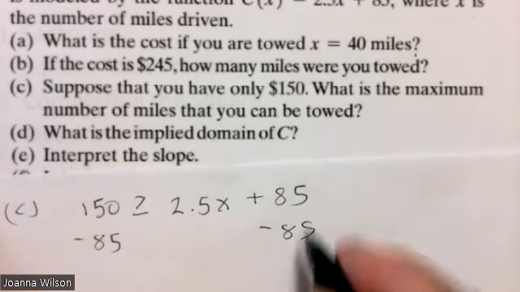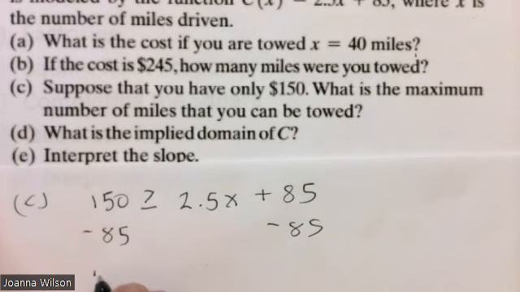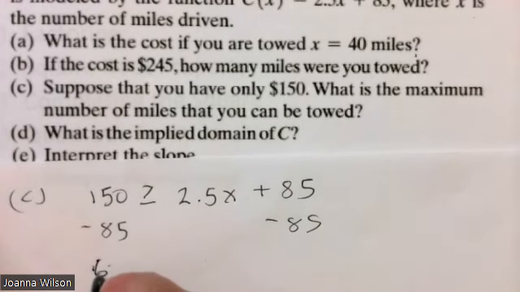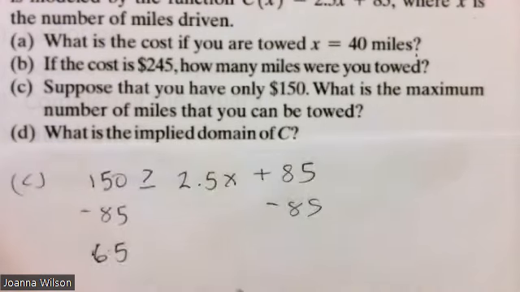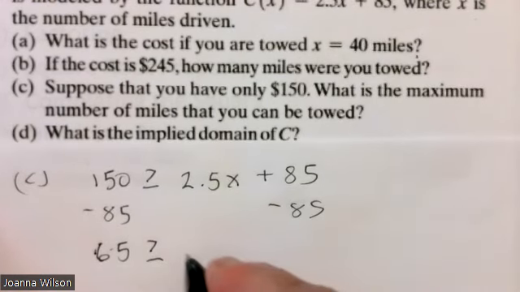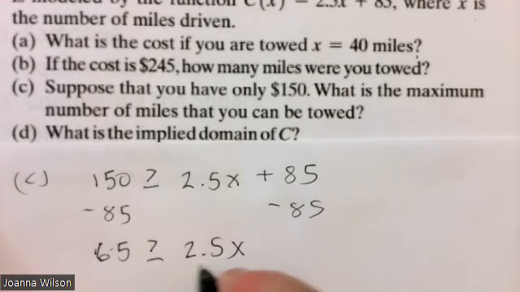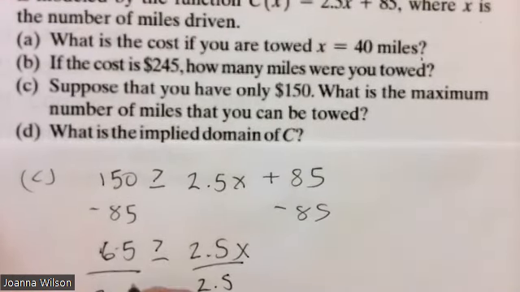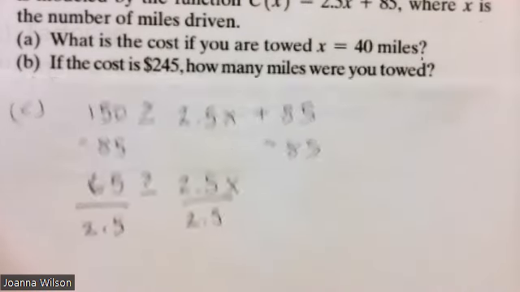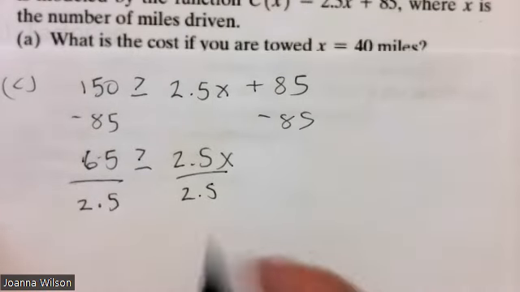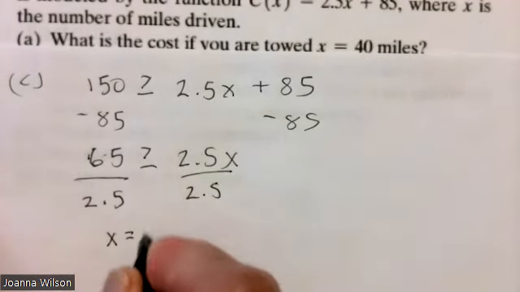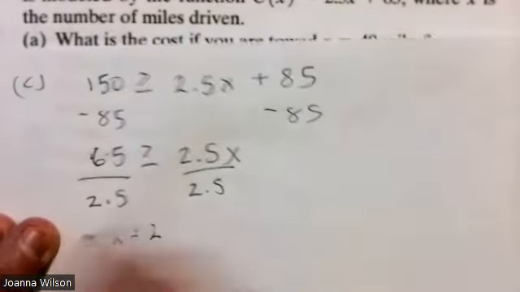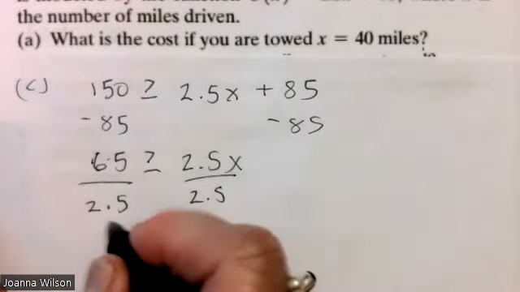And I believe this is where you get 65 here. Does that look right? 65, yeah. And then we divide both sides by 2.5. And then that's going to give us 26. Really it's going to give me the 26 over here.